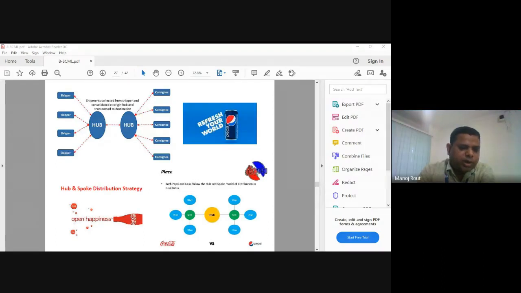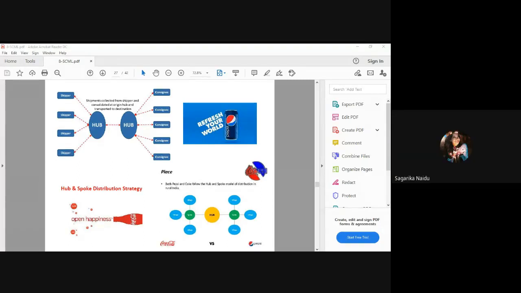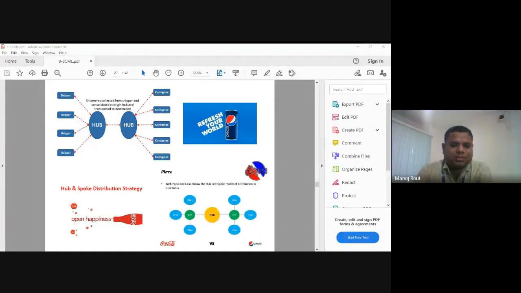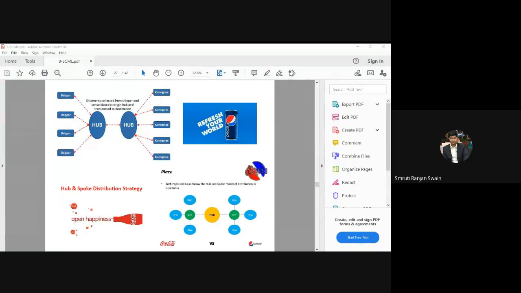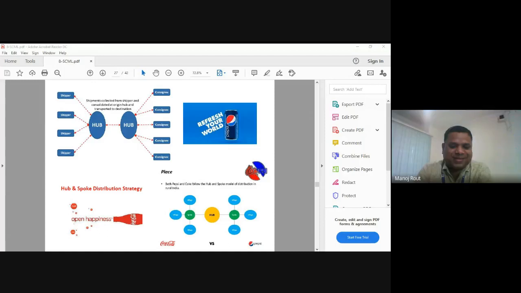Okay, Sagarika, what is the tagline of Flipkart? Anyone? What is the tagline of Flipkart? Okay, fine. Good.